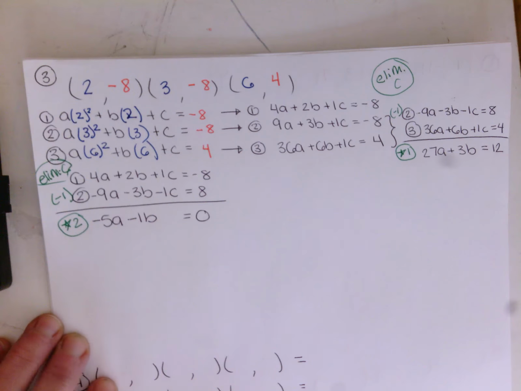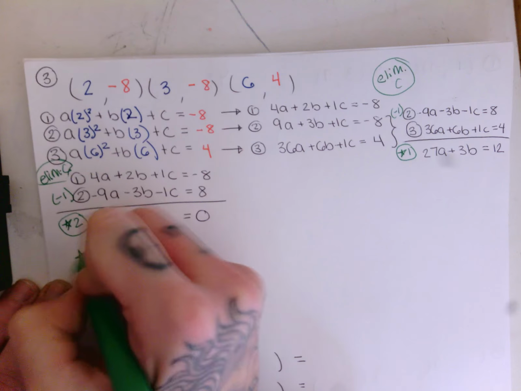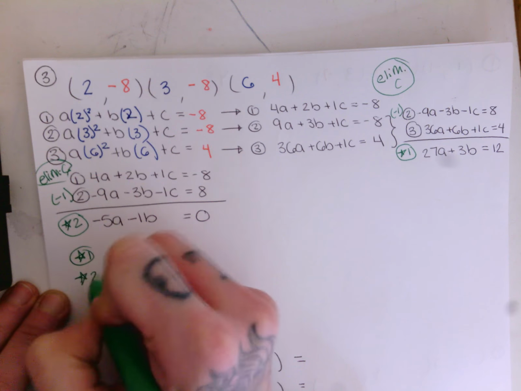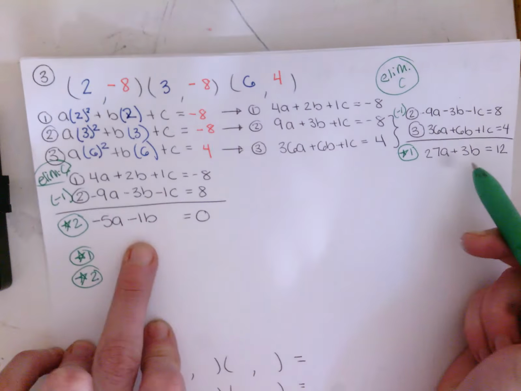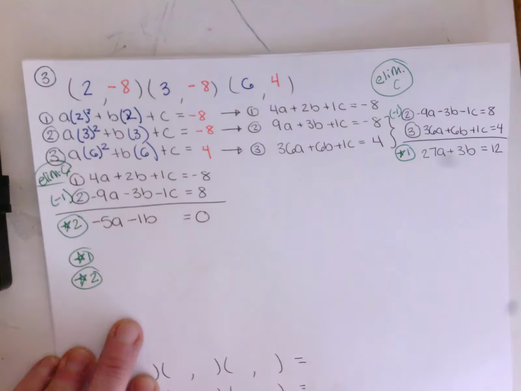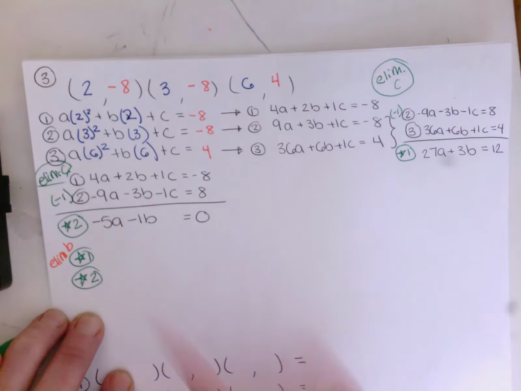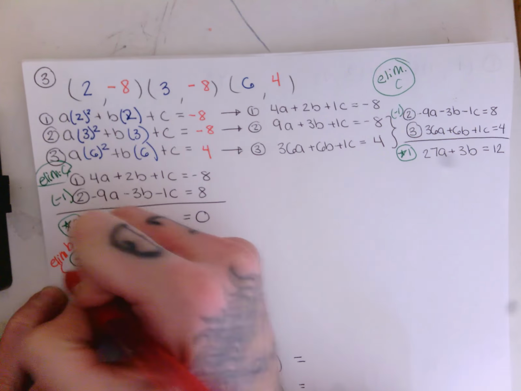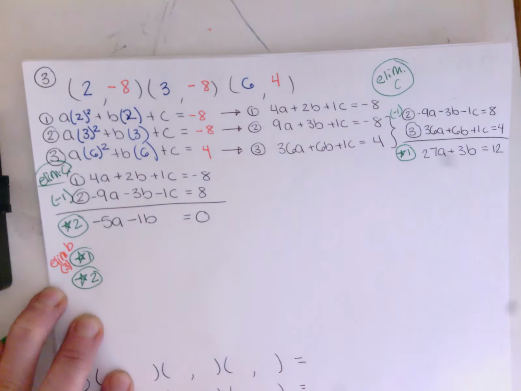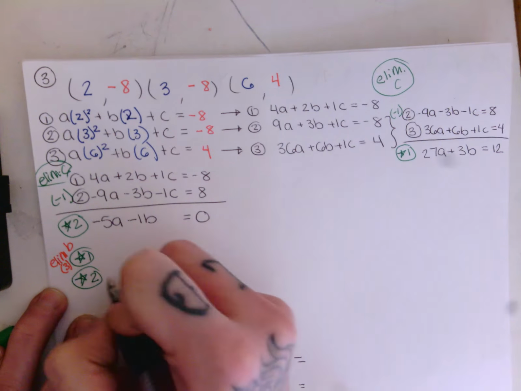I'm going to use my 2 star equations. Star 1, star 2. And I'm going to take a look at what it makes sense to eliminate. Well, I think it makes sense to eliminate b. Seems we're doing the same method. So I'm going to just multiply equation 1 by a positive 3. Okay, equation 2 is going to stay exactly the same.